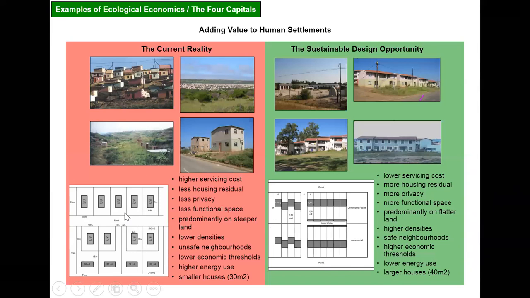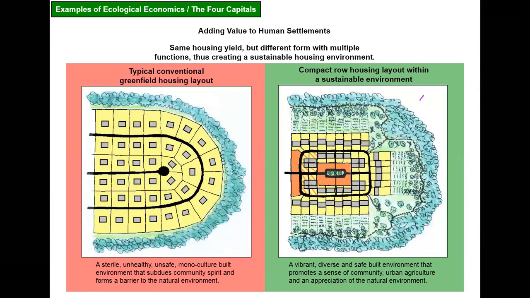How does this translate into an idea for a little spur of land? On the left-hand side, we've got a little stream running around the edge of this little hill, and this is a typical conventional suburb with a little house in the middle of a site.